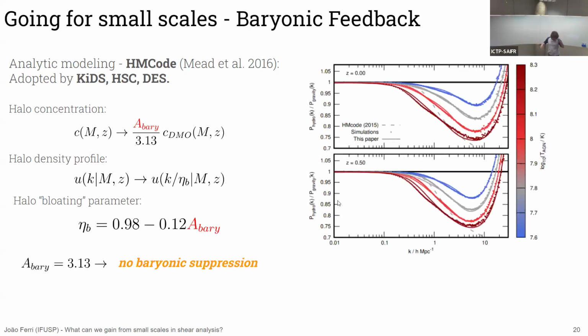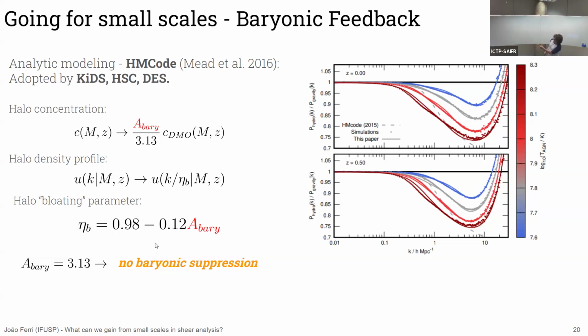So this is just a one parameter model. I mean, the official HMcode has a lot of parameters, but usually people in HSC and KiDS only use this one parameter, A_baryon, which is responsible for the strength of the suppression.